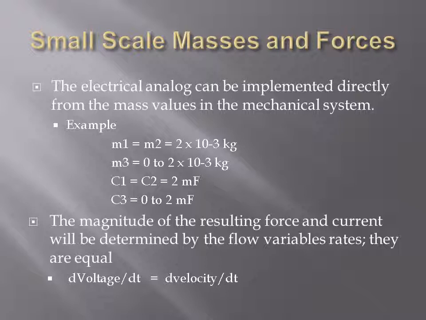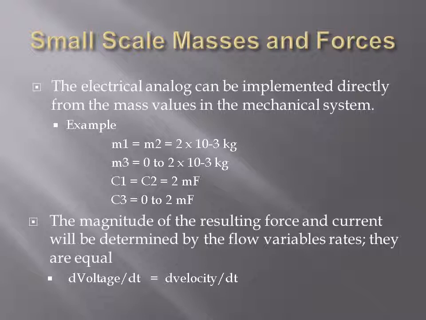Now, if the electrical analog can be implemented directly from the mass values in the mechanical system, because it has small-scale masses and forces, then an example will serve to show us how this is possible. Let's say that M1 and M2 have the value of 2 times 10 to the minus 3 kilograms, and M3, the varying mass, has 0 to 2 times 10 to the minus 3 kilograms magnitude.